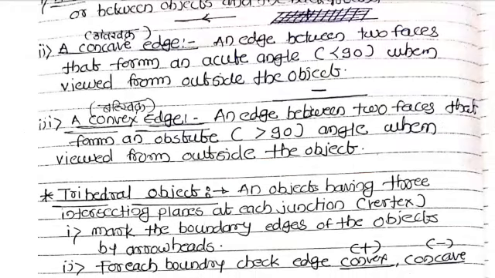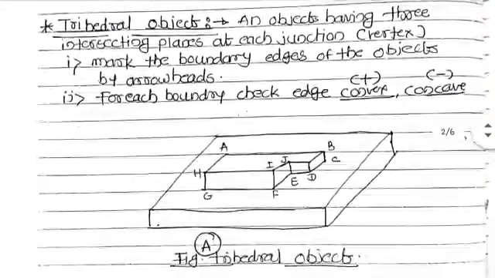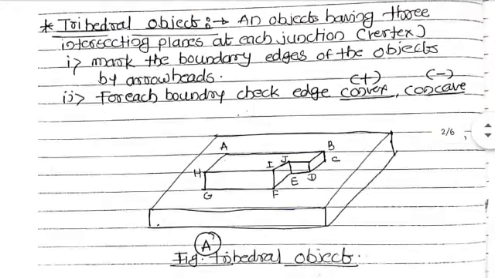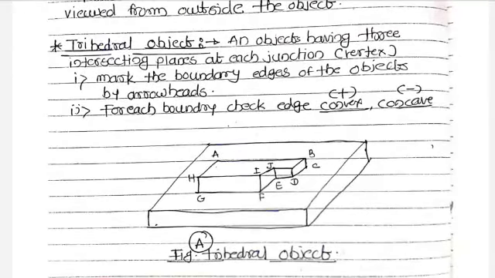Now, a trihedral object is an object having three intersecting planes at each junction, or we can say it is the vertex at which exactly three surfaces meet. First mark the boundary edges of the object by arrowhead. Then for each boundary check edges: plus for convex and minus for concave.